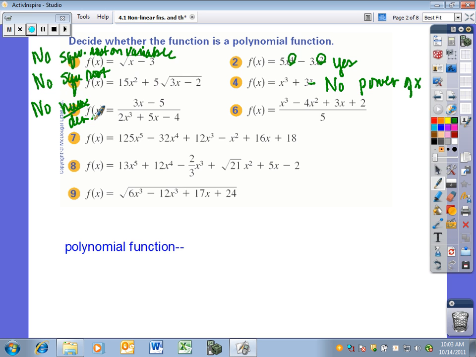Number 6, yes, the powers are only in the denominator, and they are 3, 2, 1, and 0. Number 7, yes, the powers are 5, 4, 3, 2, 1, 0.